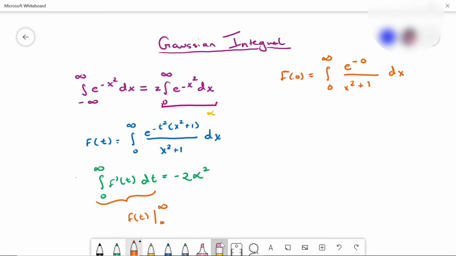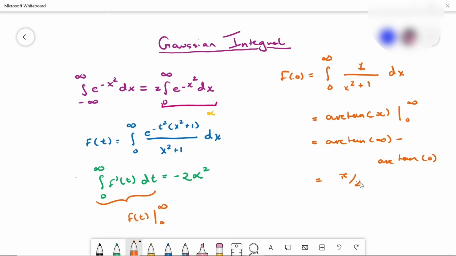Now the top, e to the negative 0, is just going to be 1. So we're finding this integral here, which is just the arctan of x evaluated between 0 and infinity, which is going to be arctan of infinity minus arctan of 0, which is just going to equal pi over 2. So f of 0 is pi over 2.